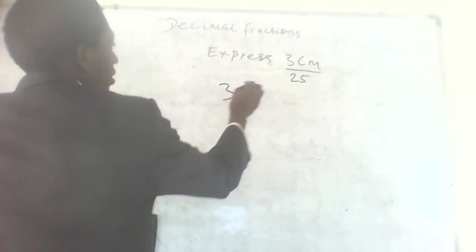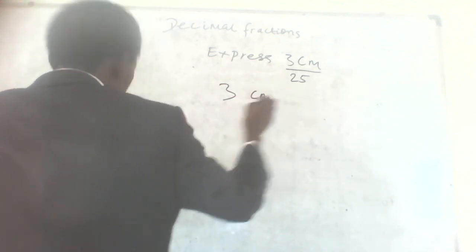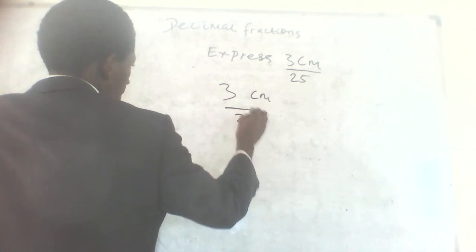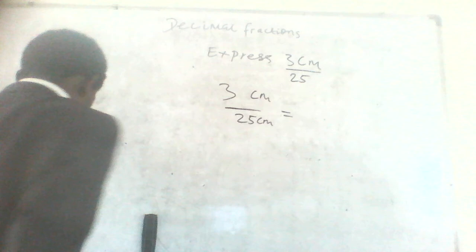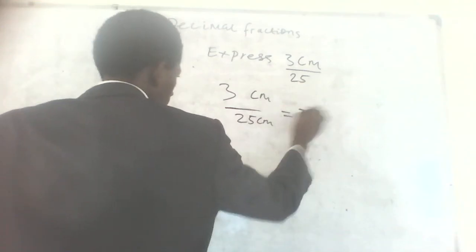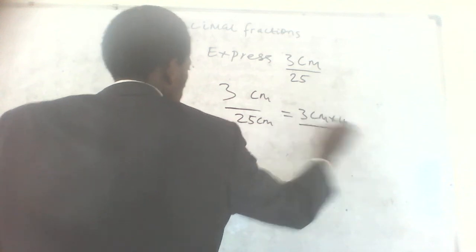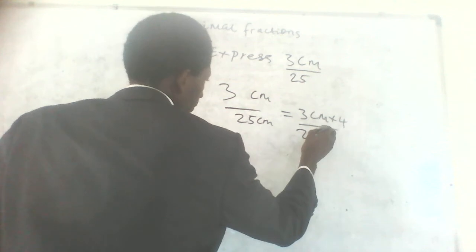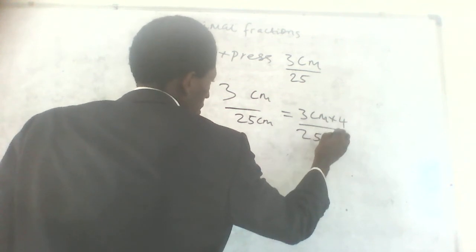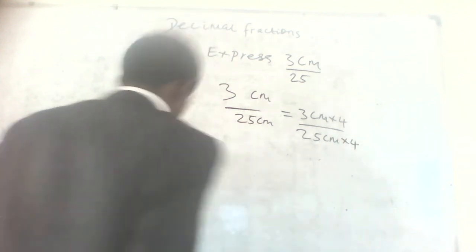Okay, so by that, I am going to say 3 cm over 25 cm is equals to 3 cm times 4 divided by 25 cm also times 4.